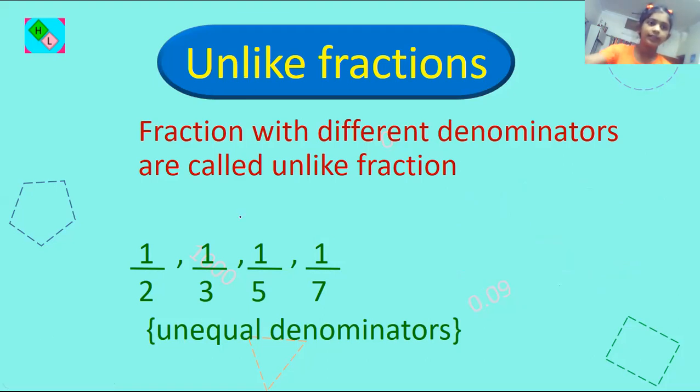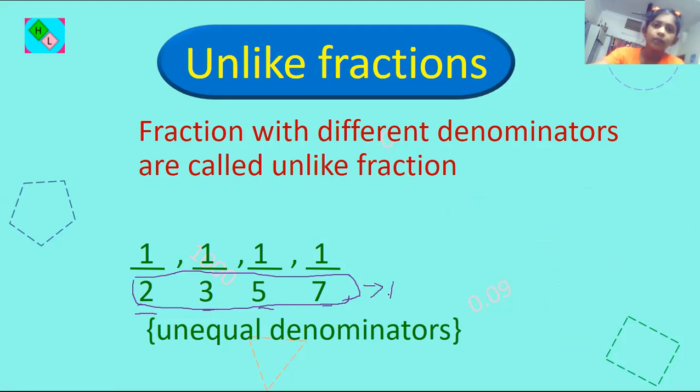So here the example is given as 1 by 2, 1 by 3, 1 by 5, and 1 by 7. See the denominators 2, 3, 5, 7. All the denominators are unequal.